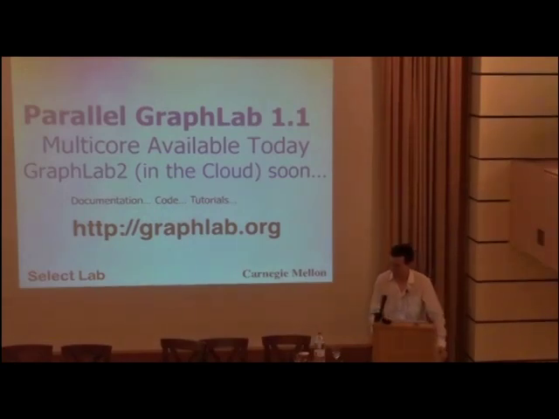Is it practical to modify the graph? Generally you are running this computation on a static graph until it converges. But maybe if you wanted to compute the algorithm, maybe modify and add some edges. Right, I hear what you're saying. The question is, would it be practical for the graph to be changing over time? This is GraphLab 2.